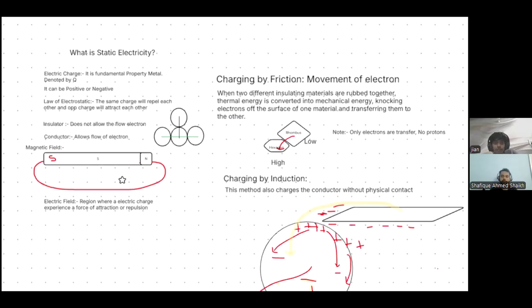Why not the inner ones? Because the inner ones are strongly held by the protons and neutrons in the nucleus, and as you go farther away from the nucleus, the bond only gets weaker and weaker. So it's easier for the outer electrons to go first.